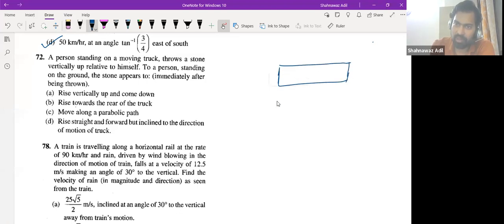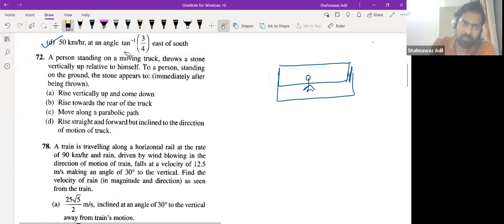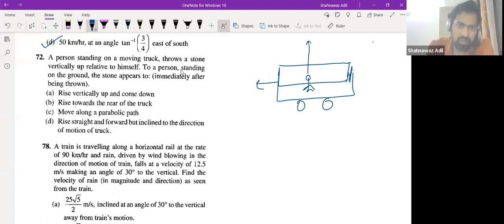And a person is in this truck, and this truck is moving. The person throws a stone in this truck. To a person standing on the ground, the stone appears to move immediately after being thrown. So for the person on the truck, the stone will go up and then come down.